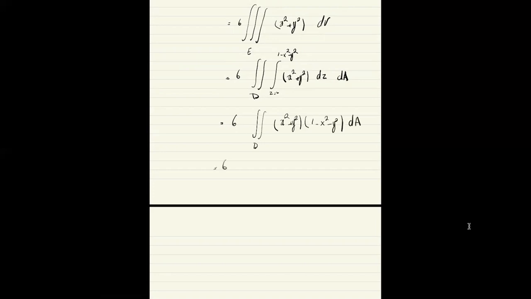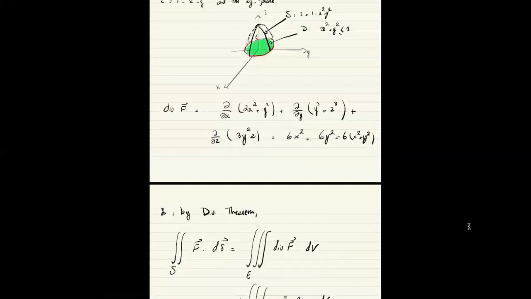This is equal to 6 times the integral of r squared, times 1 minus r squared, times r dr d theta, from 0 to 1, 0 to 2 pi. Right? This is the circle. This is the disk, right?